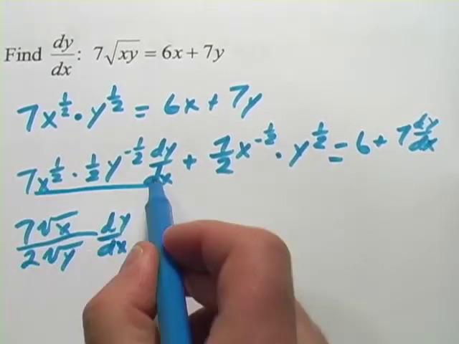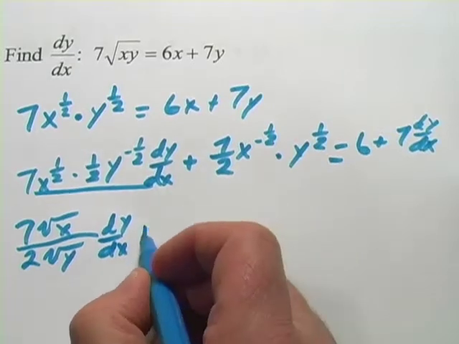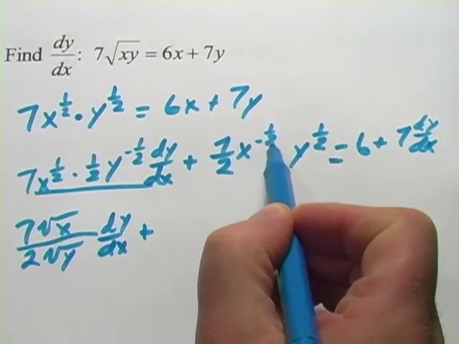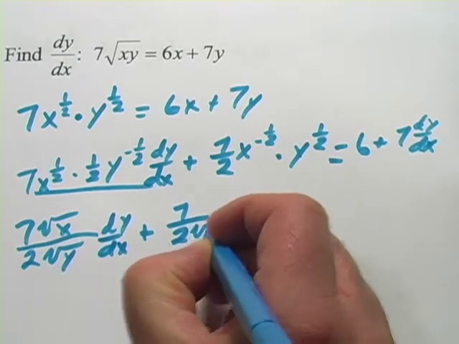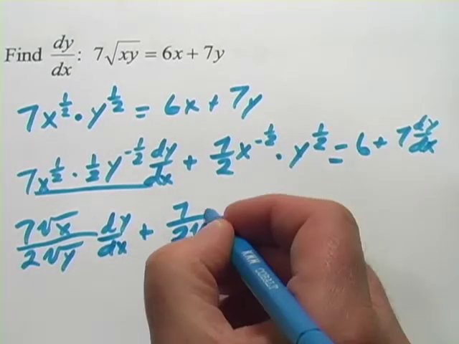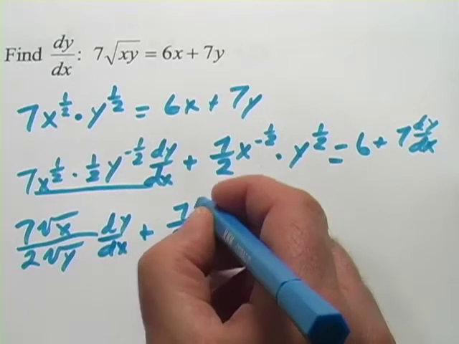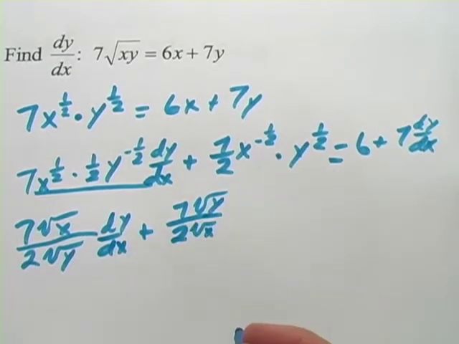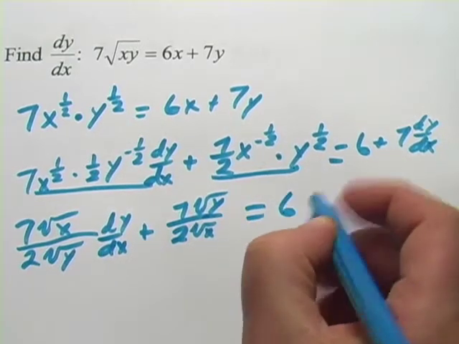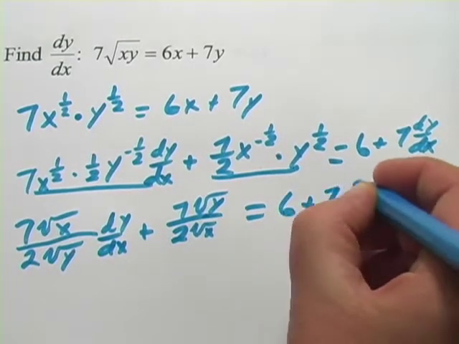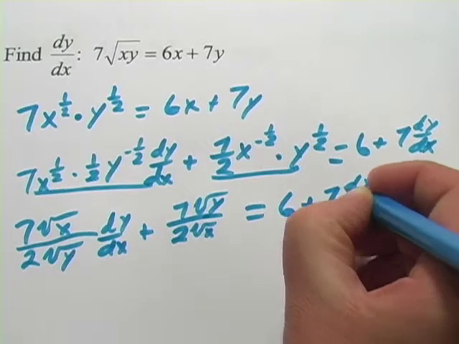So that's this whole term. Now we have plus 7/2 x to the negative 1/2. I'm going to write that like this, 7 over 2 times the square root of x, times y to the 1/2. That's the square root of y, so I can put that up top here. That's this term. And over here we have 6 plus 7 dy/dx.